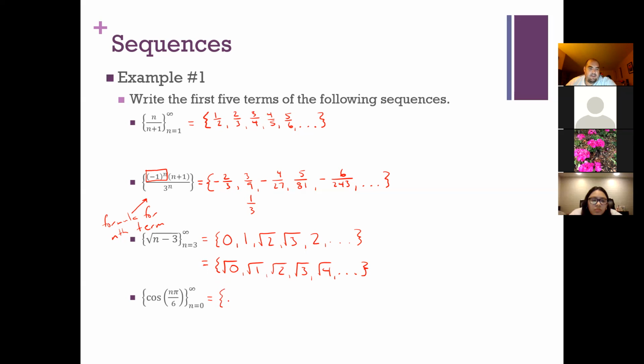And finally, this last one here, I know that it starts with 1. And then cosine of pi over 6, that should be radical 3 over 2. Cosine of pi over 3 should be 1/2. Cosine of pi over 2 is 0.